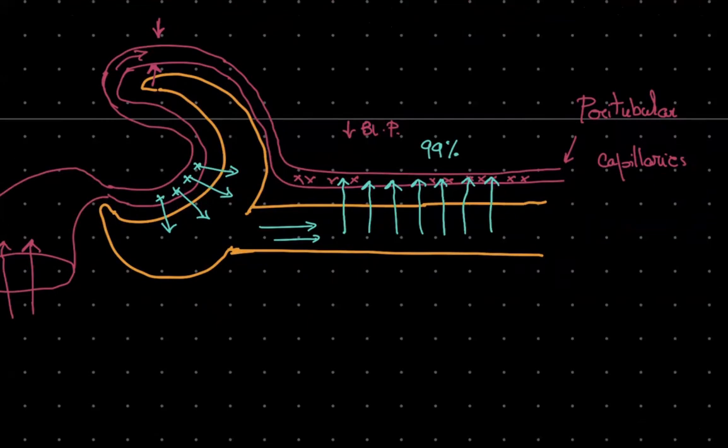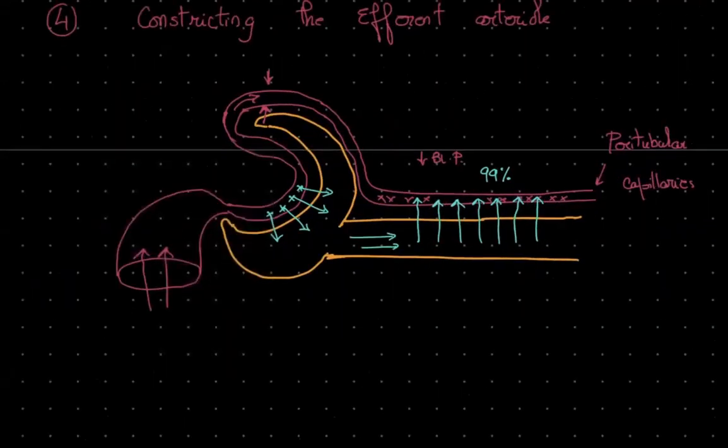And as a result, this will increase my water reabsorption. And as I get more water back from my kidney tubules to my peritubular capillaries, this will increase my blood volume as I retain more water, and as a result, my blood pressure will go back up, back to normal.